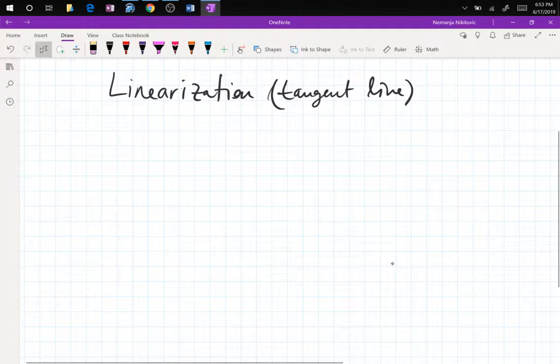So linearization is going to help us to manually, without a calculator, compute these values, whether they're square roots or ln's or whatever you can come up with. So they help you compute the things you don't want to compute without a calculator, right?